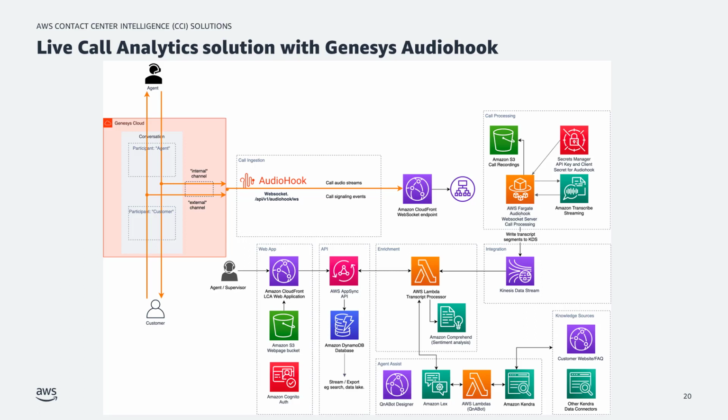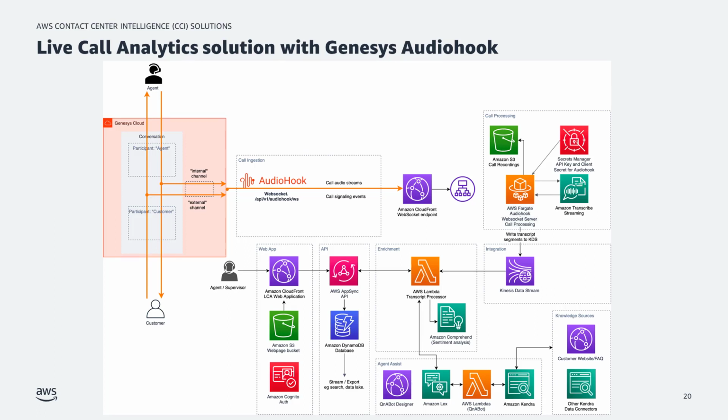This protocol is used both for call audio streams as well as the call signaling events, like start of the call, end of the call, and a number of other WebSocket events. We then consume the audio stream and the events via a WebSocket server that's deployed on AWS Fargate, which then calls Transcribe to do the transcriptions and writes out the transcriptions to KDS, Kinesis Data Streams.